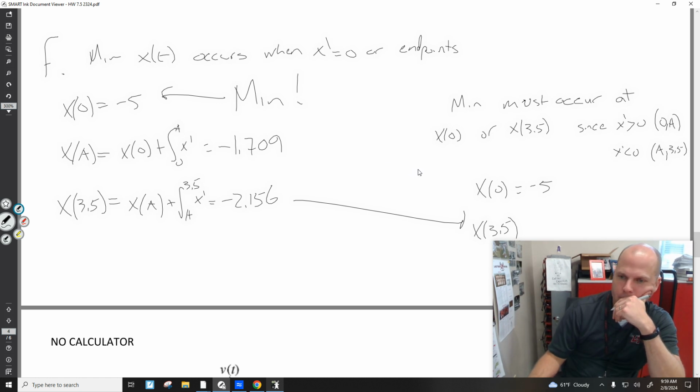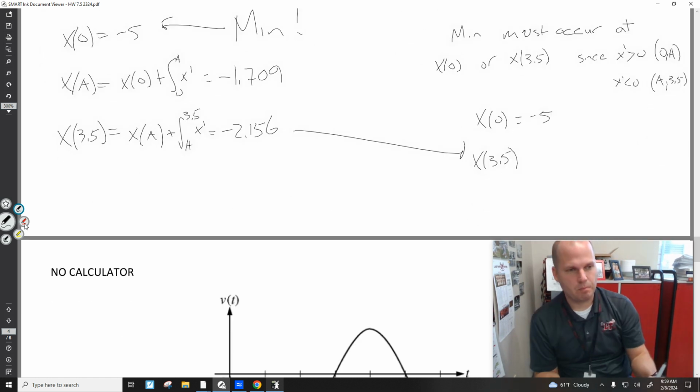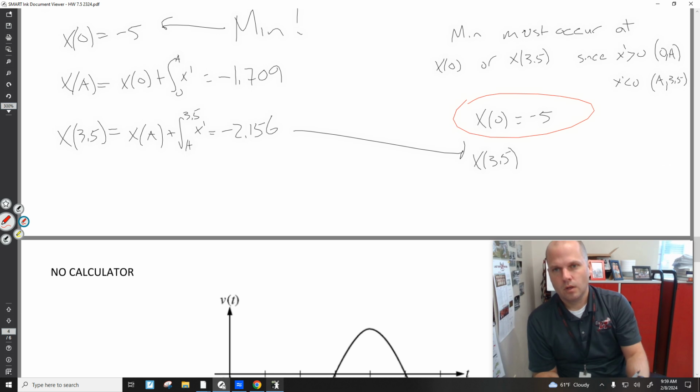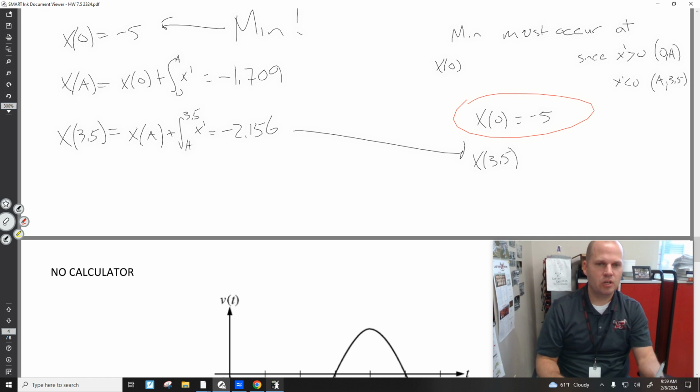The other way you could also say quickly that this is the min is you could say min must occur at x equals 0. Really, you can't say that actually. It becomes more complicated. You could start referencing displacements, but you have to reference the displacement over the entire interval.